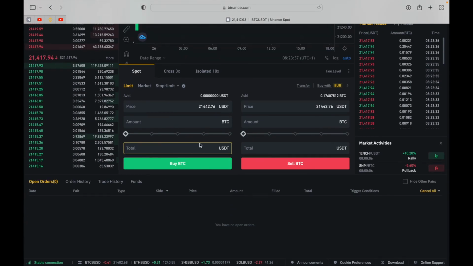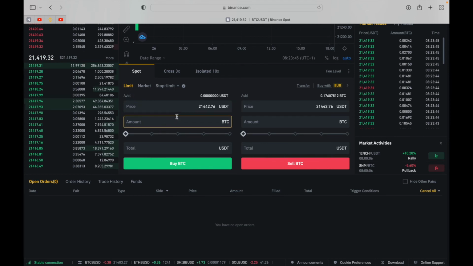Okay, now I hope we have comprehended how to place our buy order using a limit. And remember, our available balance is showing in USDT. That means for all the buy orders, what are we buying? BTC. What are we using to buy BTC? USDT.